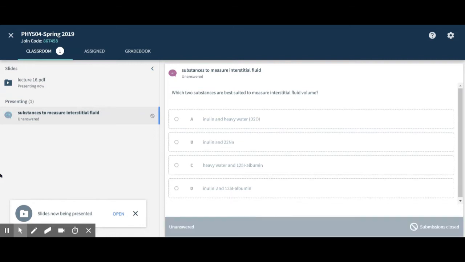Congratulations, those who chose D, which you can't see because it's not going to let me scroll down. We want to look specifically at inulin and labeled albumin in this example. Why? What's going to label all of your extracellular fluid? Inulin. And your blood? Albumin.